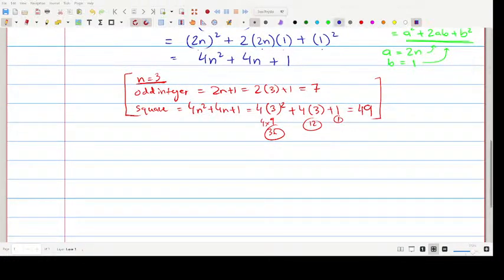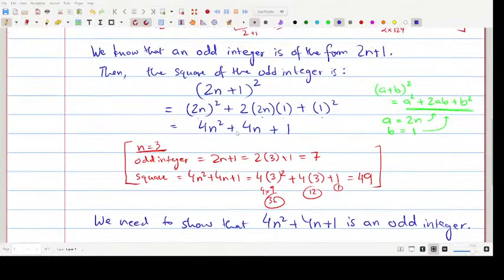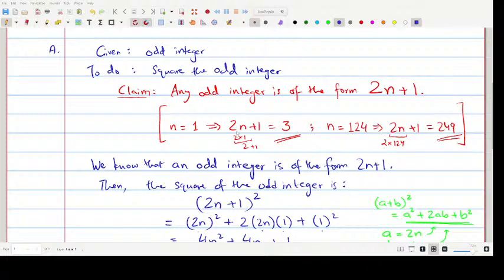Let me write that down. So we need to show that 4n squared plus 4n plus 1 is an odd integer, right? Now, let us not forget the claim that we had written in red. What was the claim?